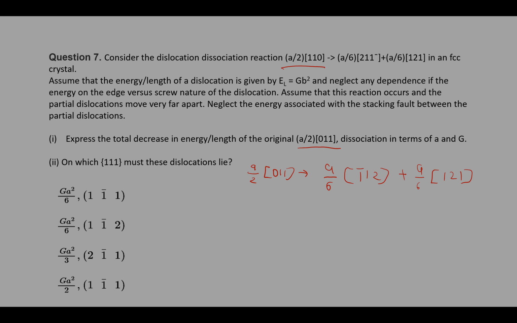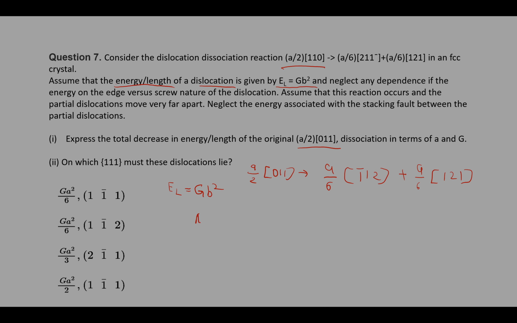Now we'll just check the energy decrease, that is del E. We have already been given the dislocation energy by length: EL is equal to G b square.